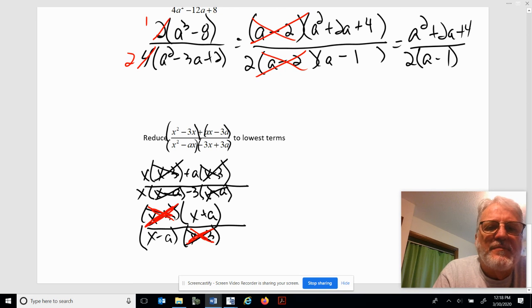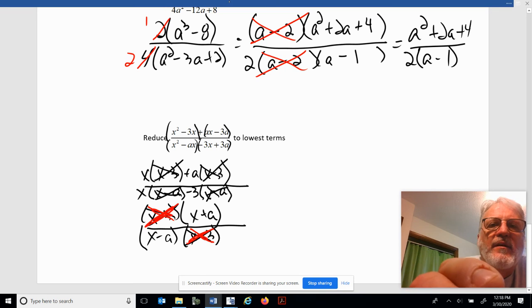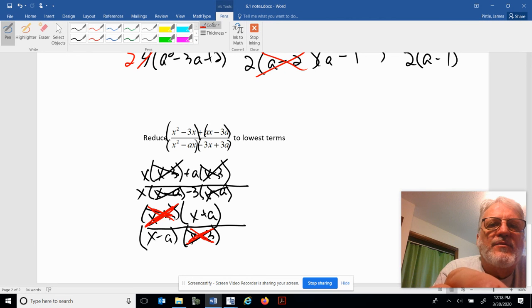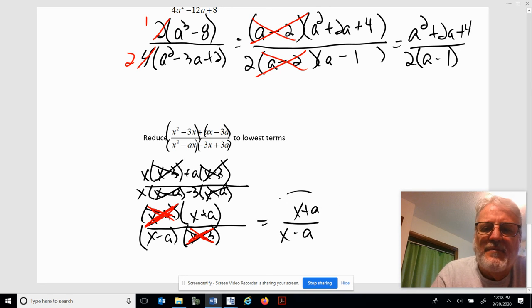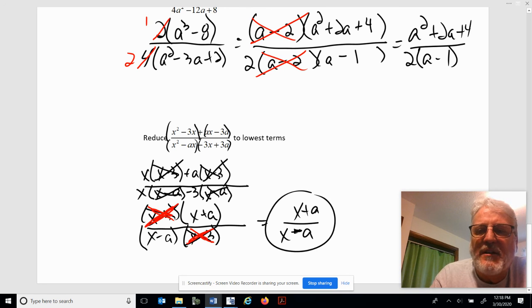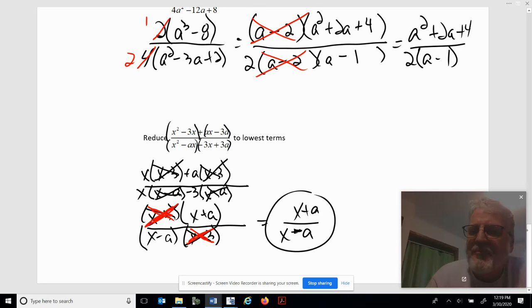So now I'm left with an answer of x plus a over x minus a. Those x's cannot cancel because they're not factors, and the a's cannot cancel because they're not factors.